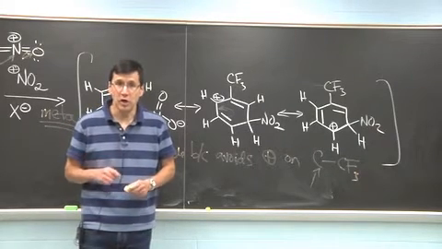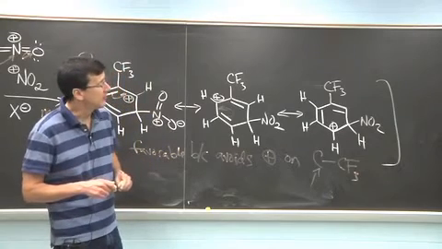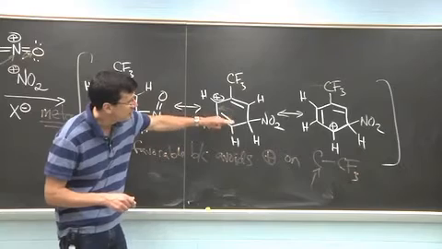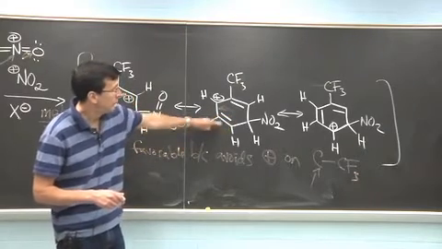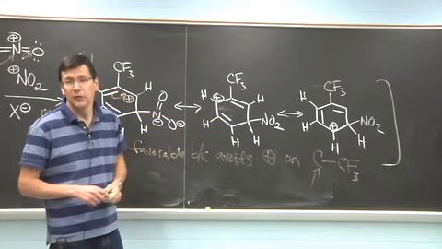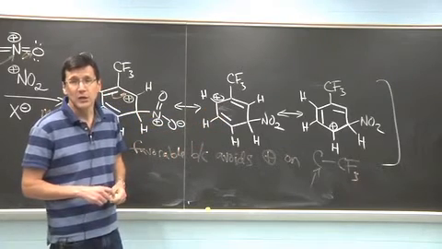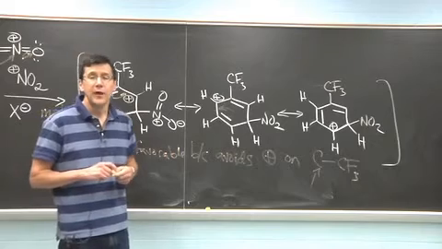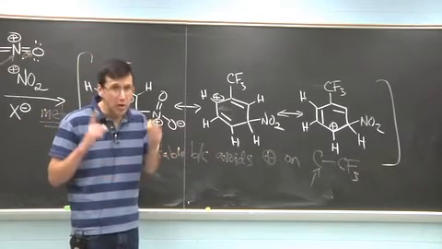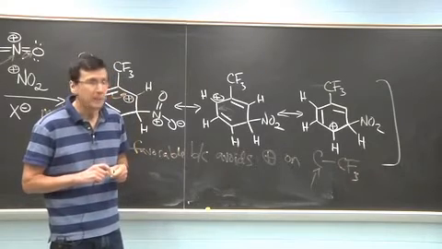So just to finish off this problem-solving video, the last thing you need to do is to show how you would finish this mechanism to go from the cyclohexadienyl cation intermediate to the final electrophilic aromatic substitution product. Remember that that involves a final elimination step, removal of a proton from somewhere. You show from where.